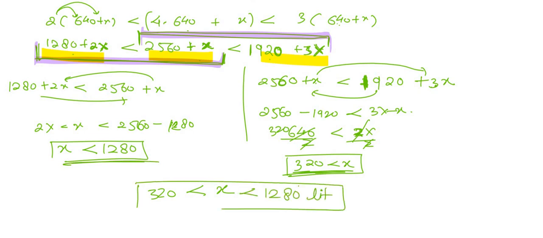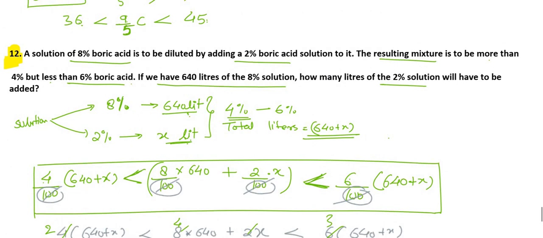So these many liters of the second solution should be mixed to get the appropriate percentage of the solution. Okay, the second solution, which is 2%, should be mixed a little bit more than 320. See here, they were asking how much 2% solution should be mixed. So it should be more than 320 liters but less than 1280. Okay, let's see the next question.